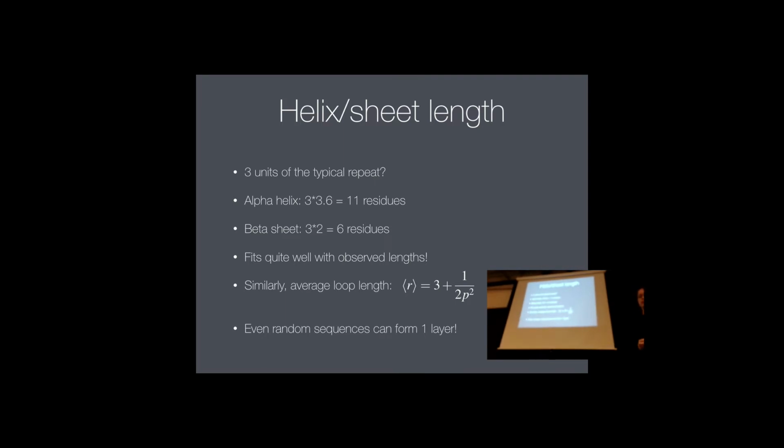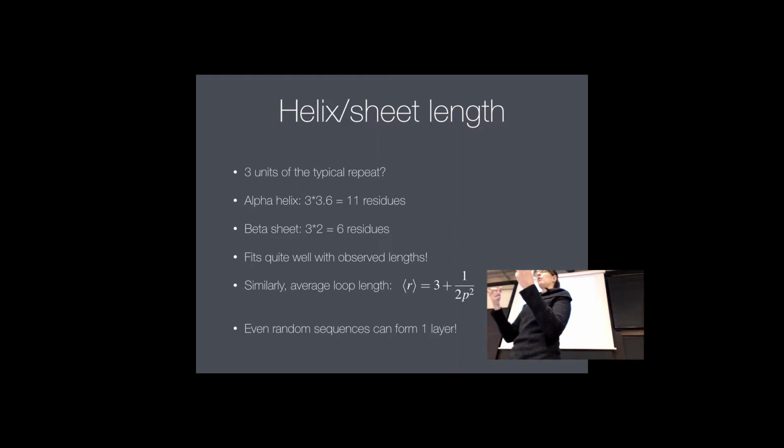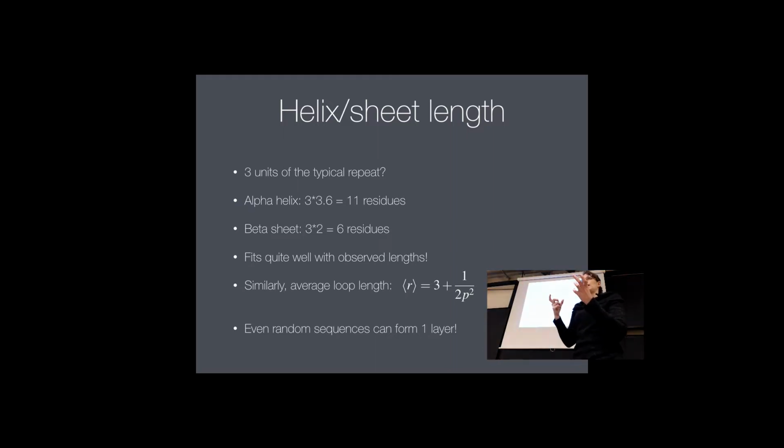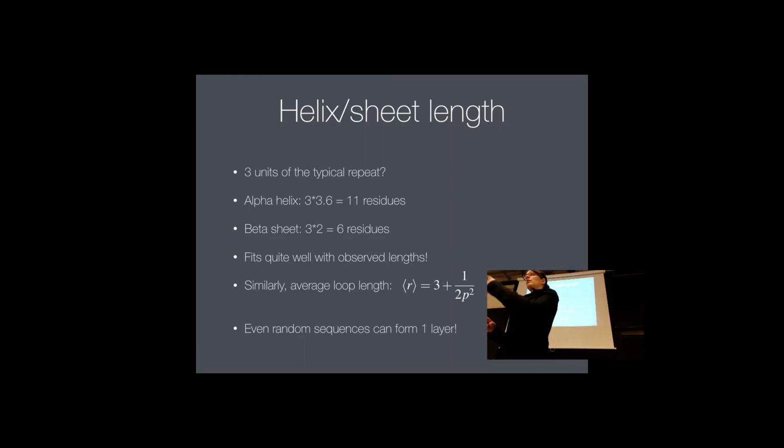So if you take all of this together, it looks like from this very simple model, you can derive the typical fold. So remember what I told you, right? You had either helices or beta strands and loops taken together. This model derives how long they can be. And then physics, whether they're hydrophobic or hydrophilic, will determine how they can arrange with respect to one another to form 2 or 3 layers and not less and not more.